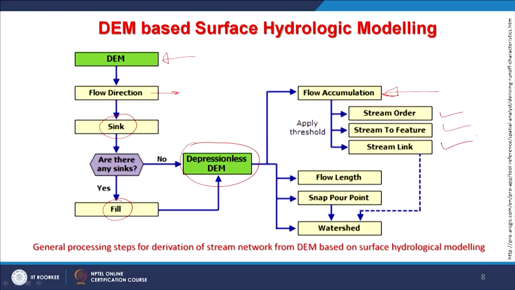Further, using this depressionless digital elevation model, you can calculate flow length. You can also get a snap pour point, that means wherever you manually click, a watershed boundary can be delineated. And finally, for your input digital elevation model, just by giving a threshold value, you can delineate the watersheds present in it.